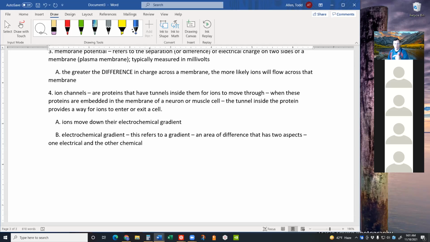So an electrochemical gradient is an area of difference that has two aspects, one electrical and the other chemical. Let me give you an example of how this works.